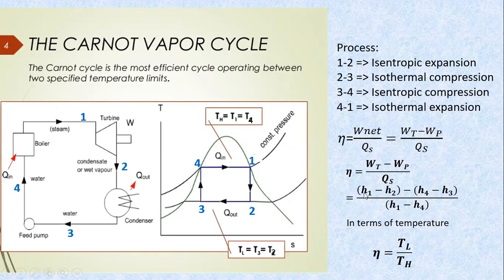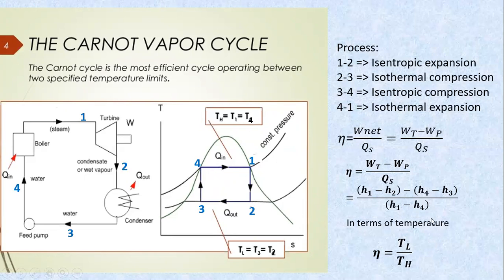So now the efficiency is given by turbine work minus pump work divided by heat supplied. Turbine work is H1 minus H2, the pump work is H4 minus H3, and the heat supplied is H1 minus H4.